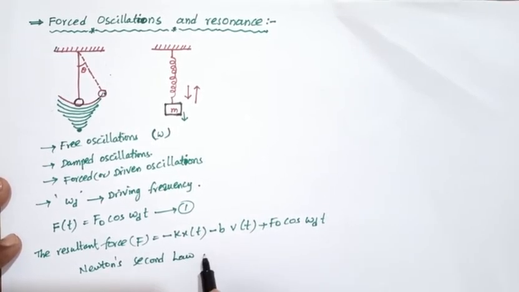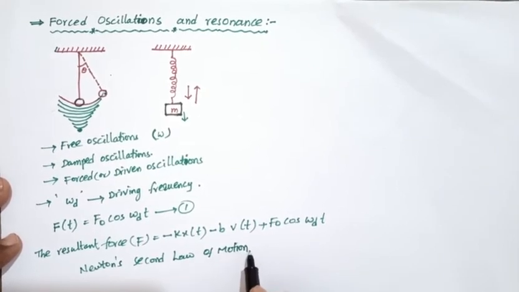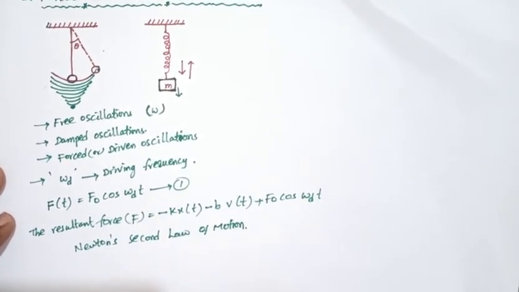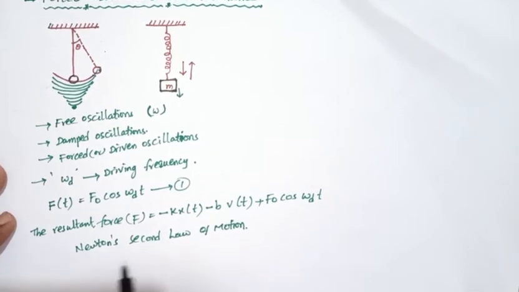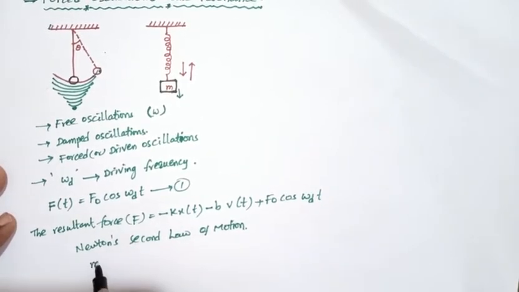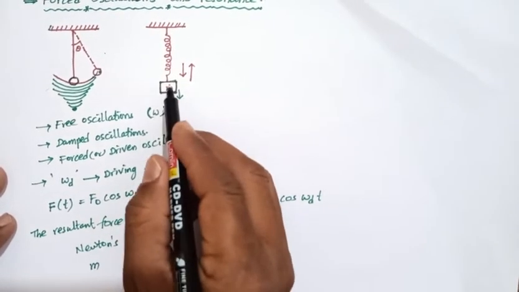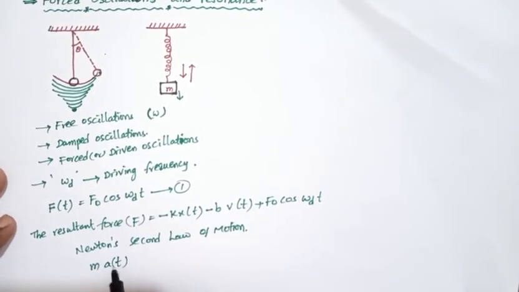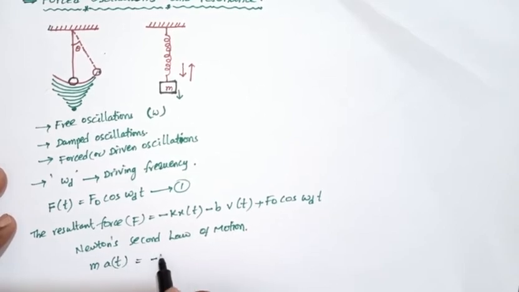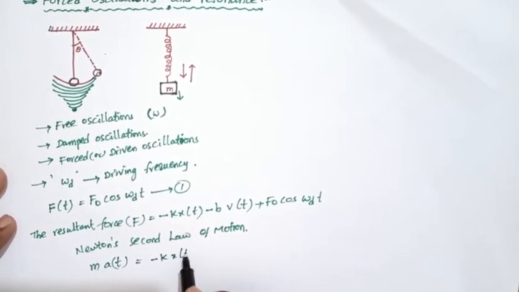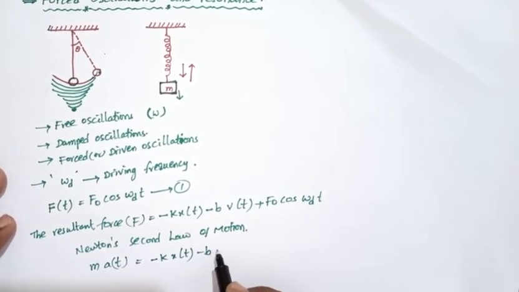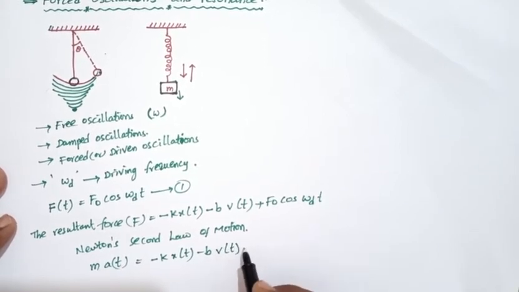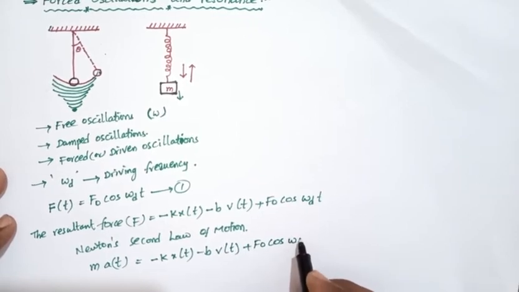Due to Newton's second law of motion, we consider F equals m a, where m is the mass of the block here. So m a of t equals minus k x of t minus b v of t plus F naught cos omega d t.